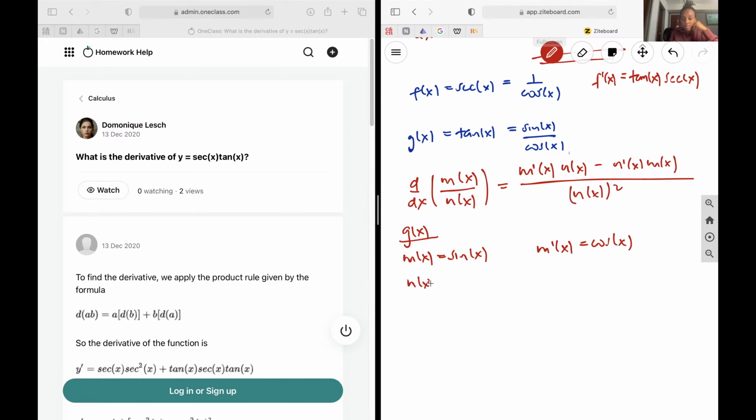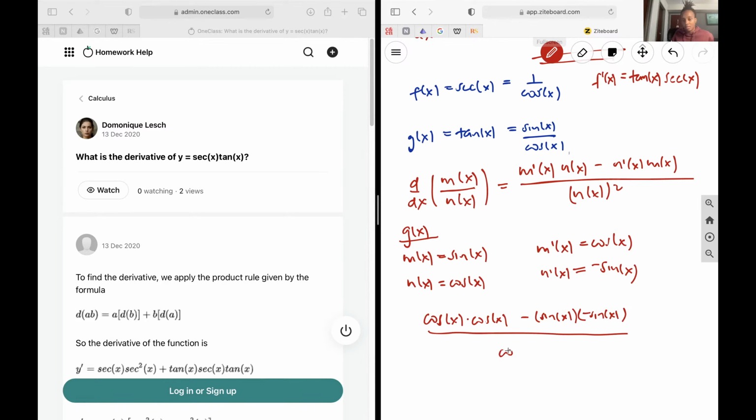N of x is equal to cos x, and its derivative will therefore be negative sine x. And so when I put that all back into my formula here, I will get cos x by cos x minus sine x by negative sine x. And this will all be over cos squared x.